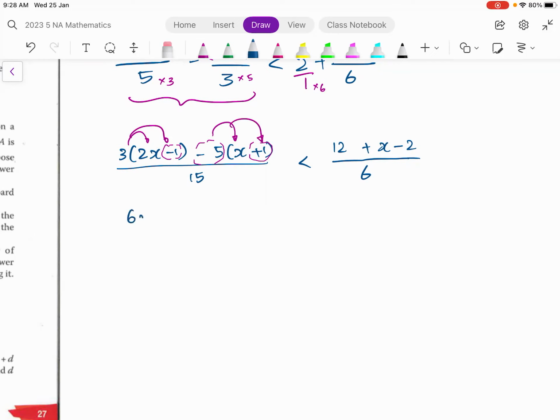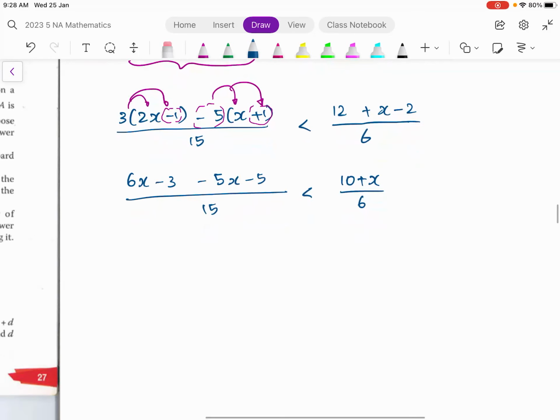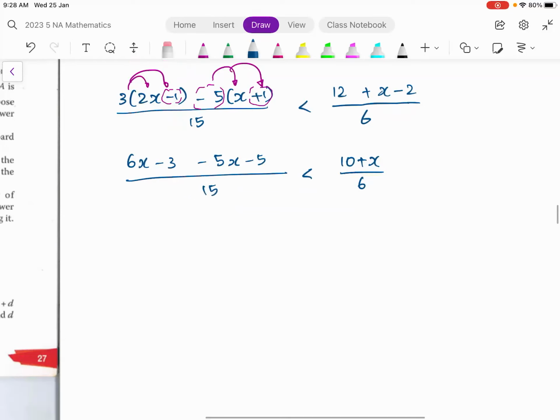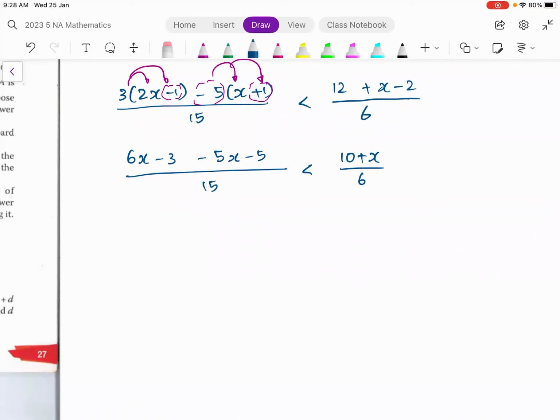Giving us 6x minus 3 minus 5x minus 5 over 15, less than 12 minus 2, that is 10 plus x over 6. Now we simplify the left-hand side. 6x minus 5x, that is simply x. Minus 8 over 15, less than 10 plus x over 6.